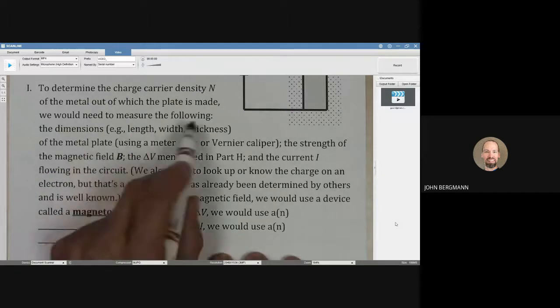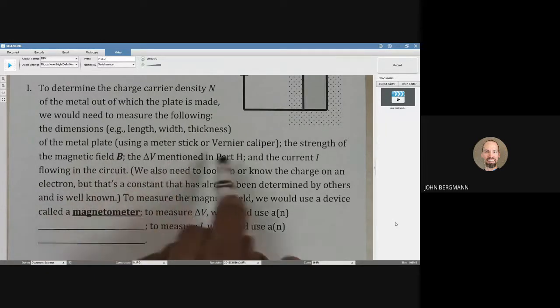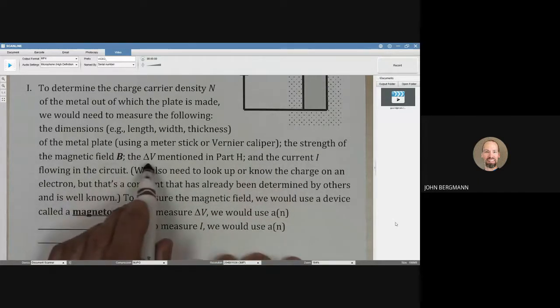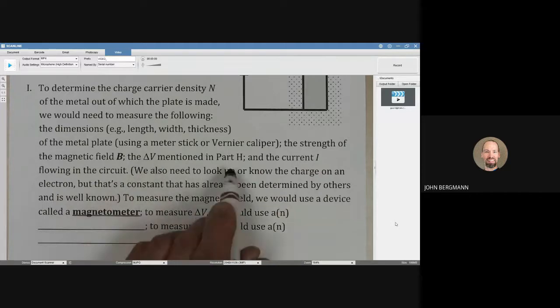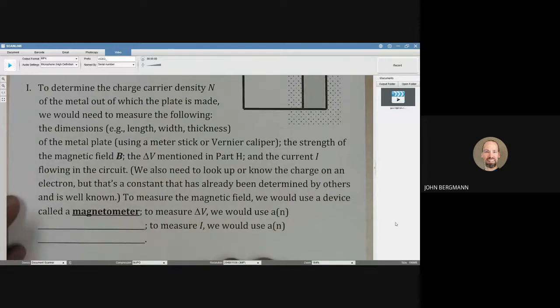We'd need to measure the following: the dimensions of the metal plate using a meter stick or a vernier caliper, if you've ever used one of those, the strength of the magnetic field, the difference in potential that we mentioned earlier, and the current. We would also need to look up or know the charge on an electron, but of course, that's a constant and has already been determined and is well known.